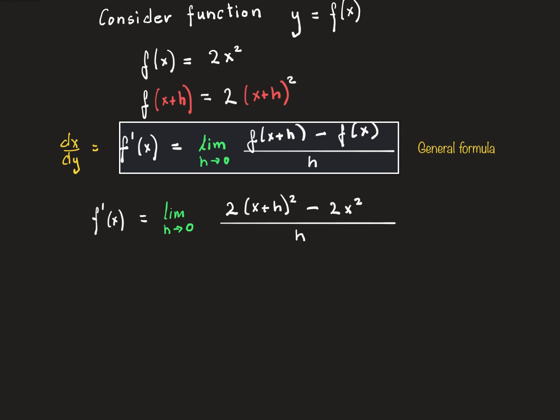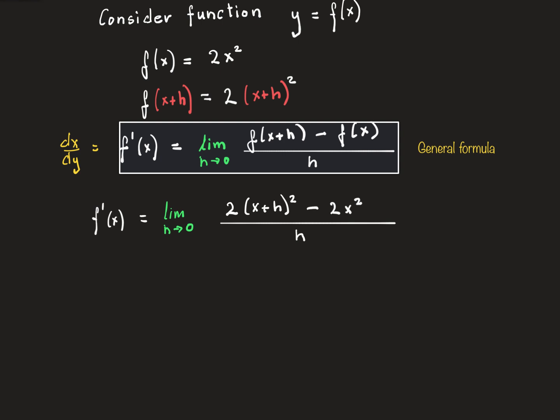This is a way of expressing a gradient. As h becomes infinitely small, we want to make h equal to 0. So the whole point of now rearranging this is to make sure that we do not have h in the denominator, because if h is 0 in the denominator, then this function is undefined.